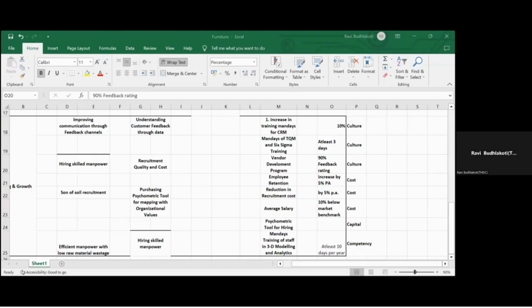So the first thing, to build a culture for this, we will make training mandatory in customer relation management for our employees, and we will increase the training mandates for customer relation management by 10%. Okay.